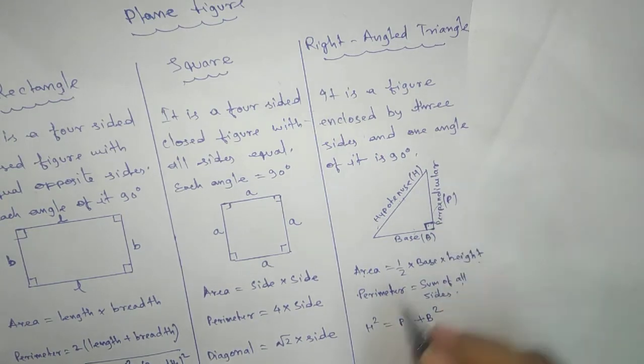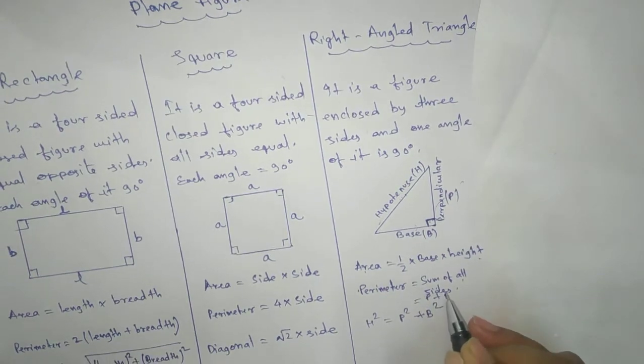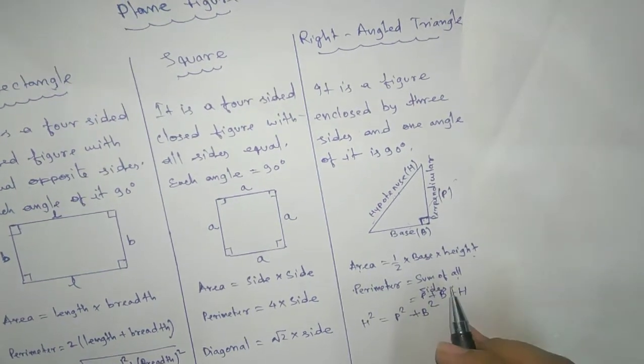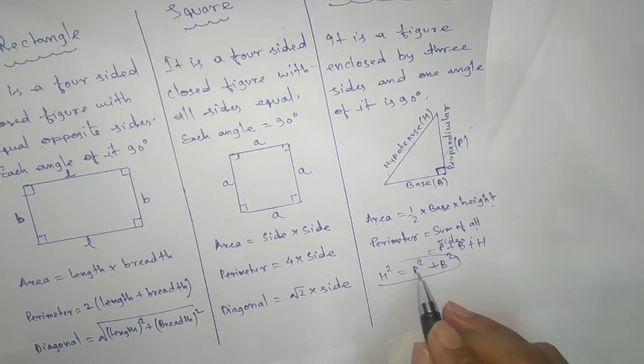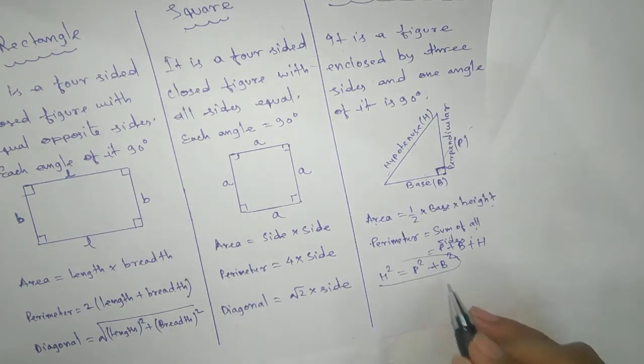That means if we take P, B, H, we need to add P plus B plus H. Okay, and there is one relation, that is H square equals P square plus B square. This we call the Pythagoras Theorem. We'll see later about this one.